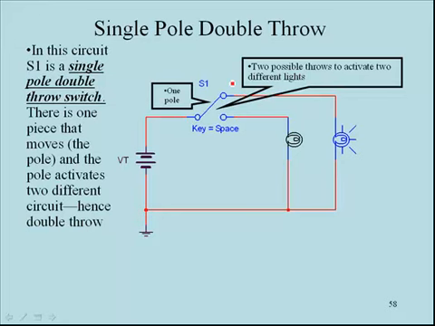In this particular position, this circuit is activated and this light is operating. If we switch it to the other position, then this is activated. Hence the term double throw.